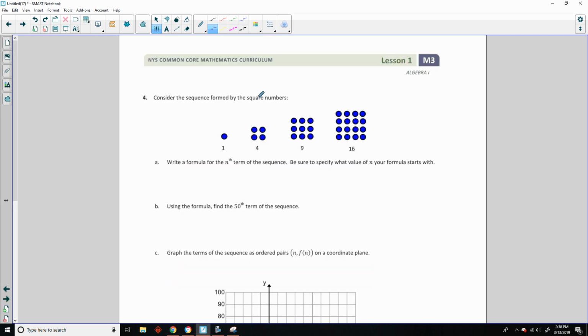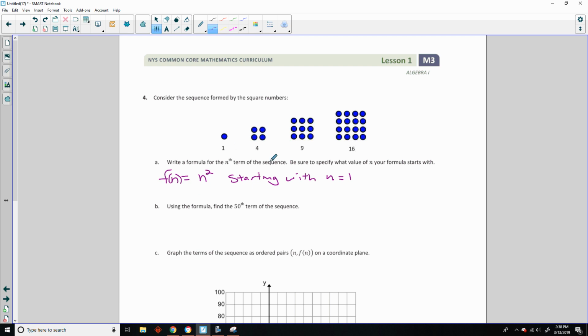Okay, number 4. Consider the sequence formed by the square numbers. 1 squared is 1, 2 by 2 or 4, 3 by 3 or 9, 4 by 4 or 16. Write a formula for the nth term. These are simply perfect squares, so I would say f of n equals n squared, starting with n equals 1.